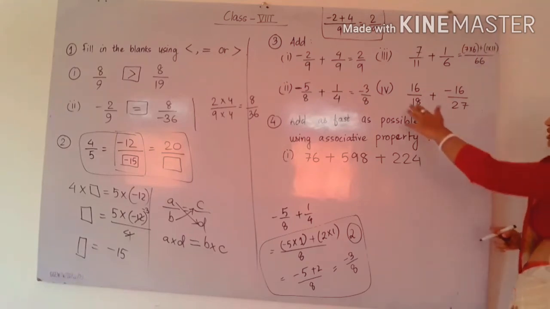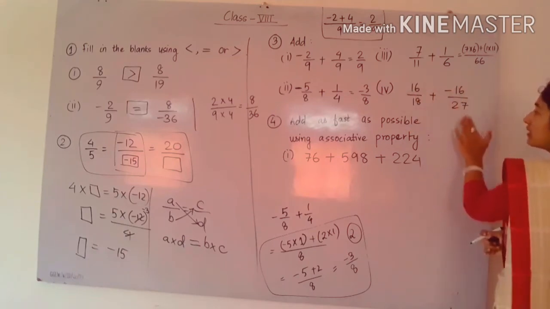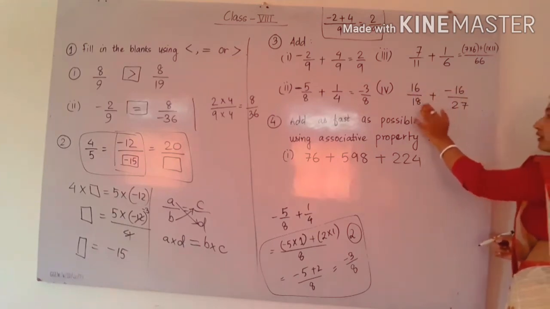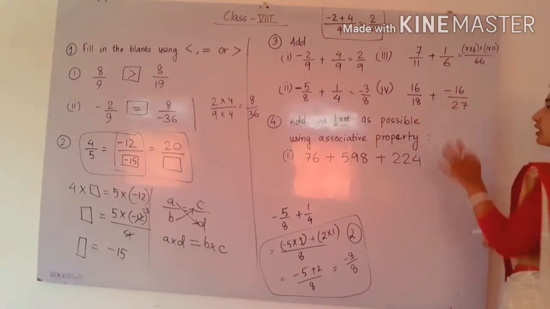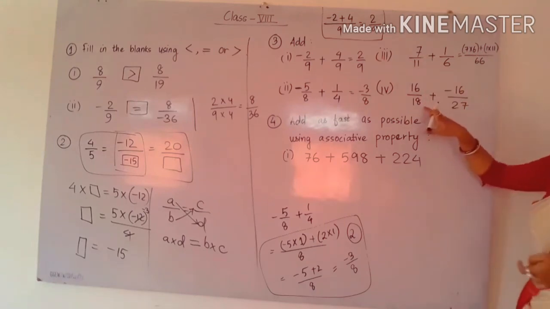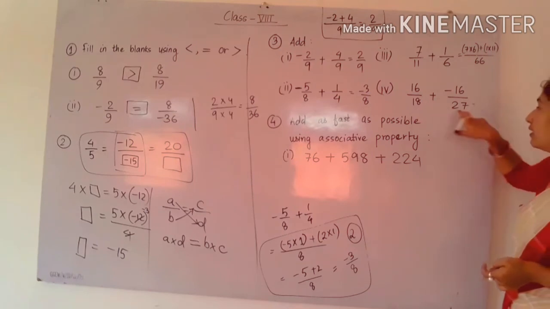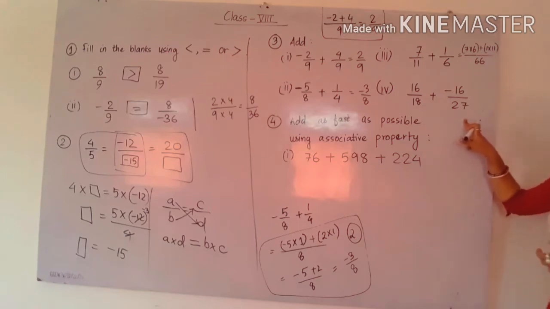So next is question number 4. In question number 4, see 16/18 plus minus 16/27. Here in the denominator we have to take the LCM, but in all the 3 cases above, none is similar to number 4. Means 18 is not a factor of 27, nor are they multiples of each other.